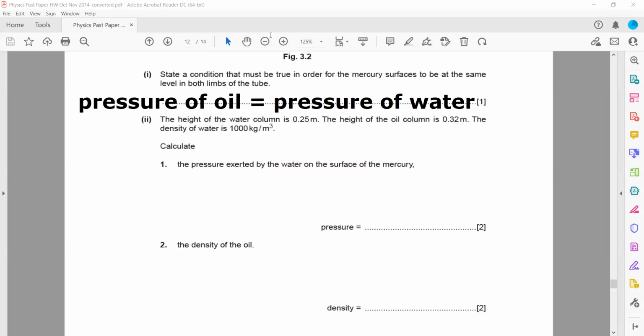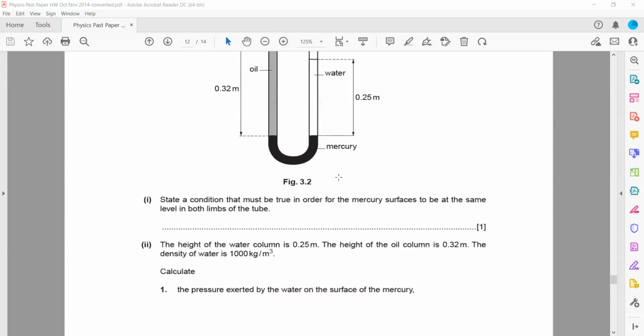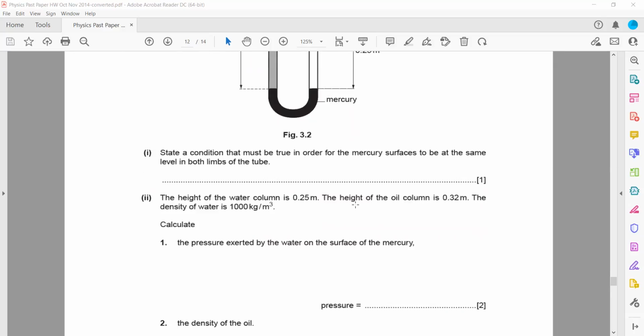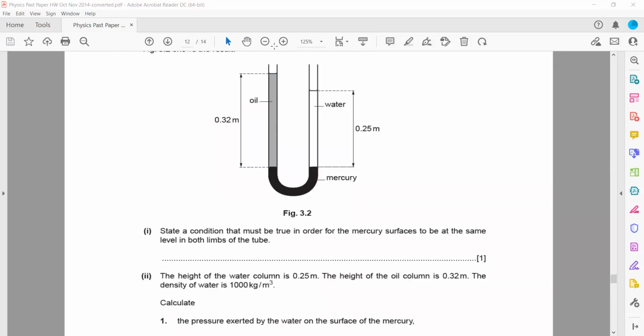The next part: the height of the water is 0.25, the density of the water is 1000, the height of the oil is 0.32. Calculate the pressure exerted by the water on the surface. So how do we calculate the pressure exerted by a liquid? Whenever we are calculating the pressure exerted by a liquid, pressure is equal to density of the liquid, gravity and depth.